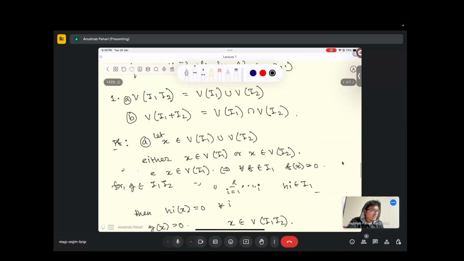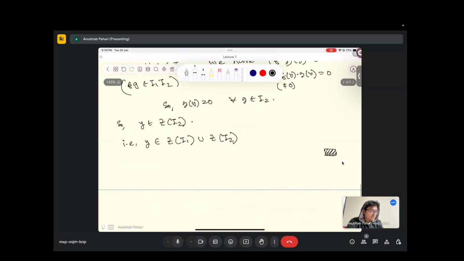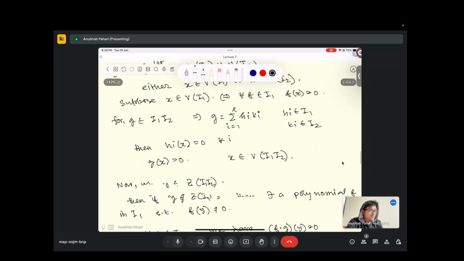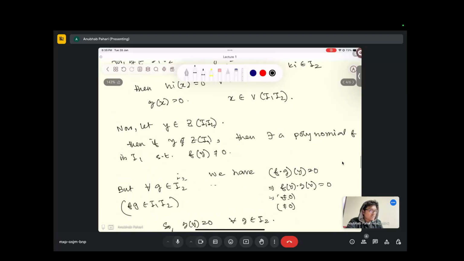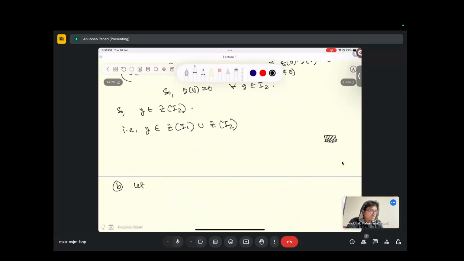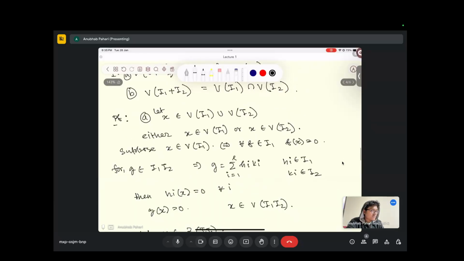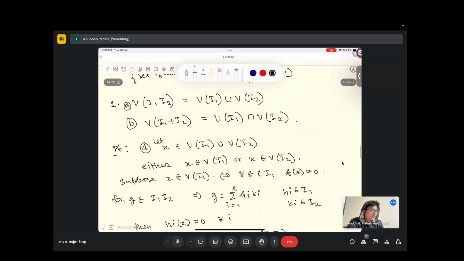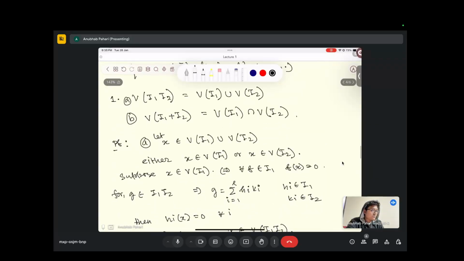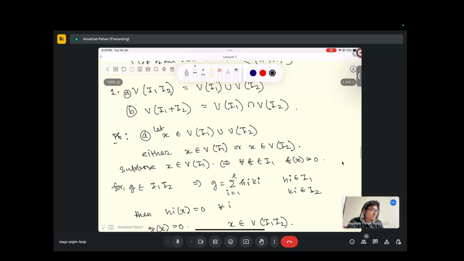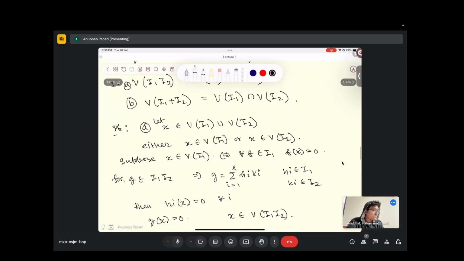So for part B, let x belong to V(I1 + I2). Then we need to show that it satisfies all the conditions.